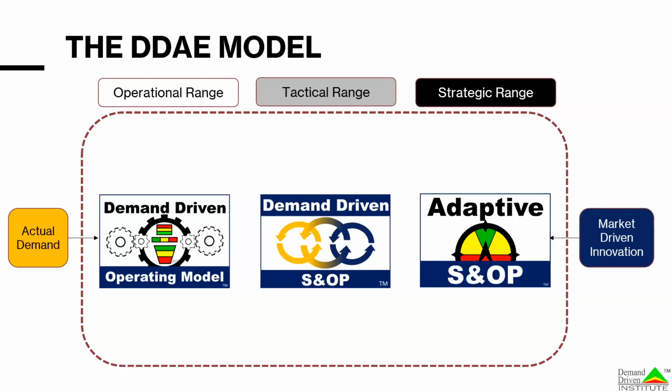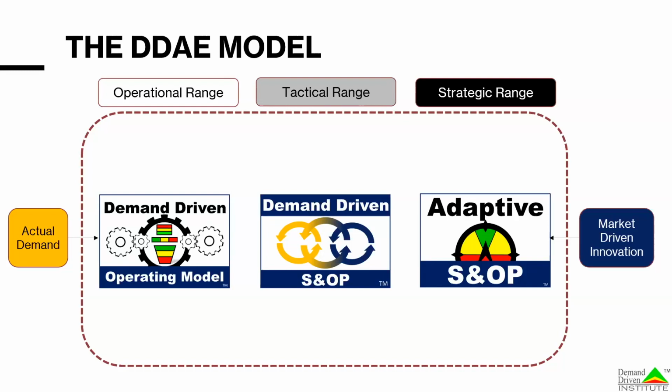On the strategic side, we've got another market, called market-driven innovation. This is the vision that your leadership brings to the table, like the iPhone, a new development. It's where the visionaries in your business see the market going, and define your strategy, your product development, your marketing, and your capabilities.